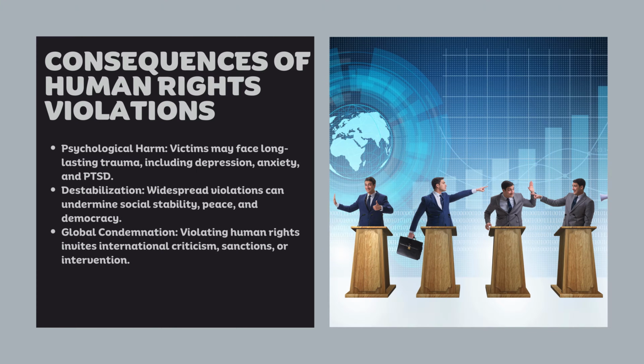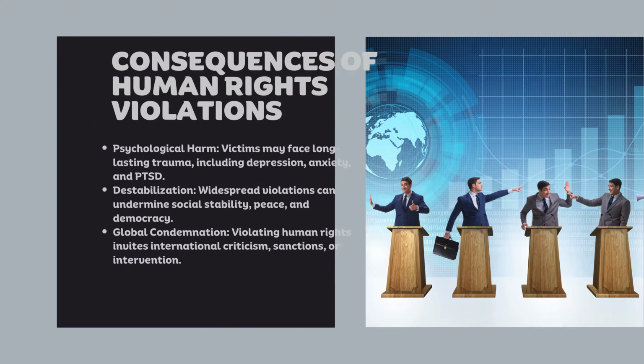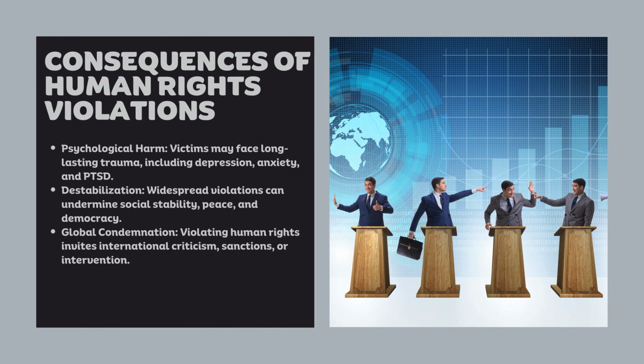Psychological harm. Victims may face long-lasting trauma, including depression, anxiety, and PTSD. Destabilization. Widespread violations can undermine social stability, peace, and democracy. Global condemnation. Violating human rights invites international criticism, sanctions, or intervention.